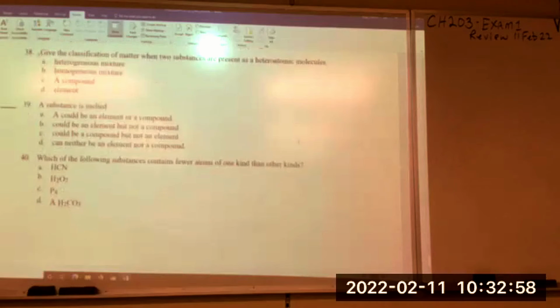Give the classification of matter from 38. When 2 substances are present as a heteroatomic, that's grammatically incorrect. It's not a heteroatomic molecules.